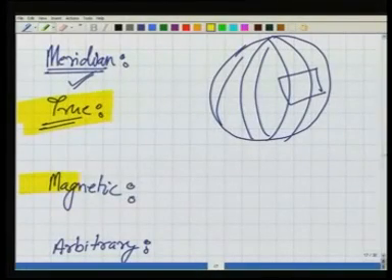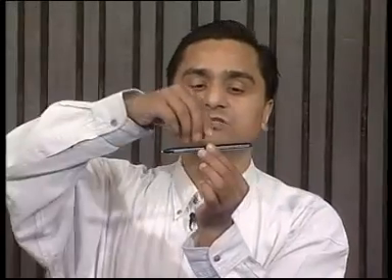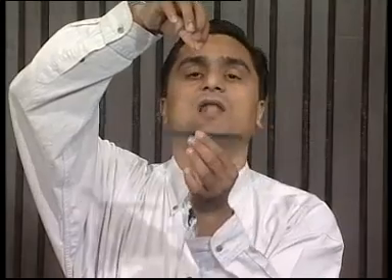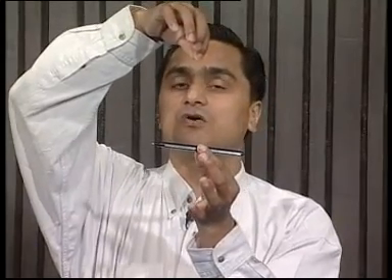What we use is the magnetic meridian. Let us define it. If I have a magnetic needle here, and I suspend it freely, what will happen after vibrating it for some time? It will align itself along the force lines, the magnetic forces of the earth, and it will align along the magnetic north and magnetic south of the earth.